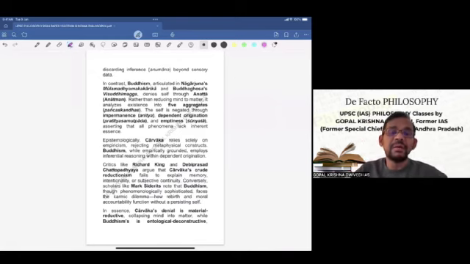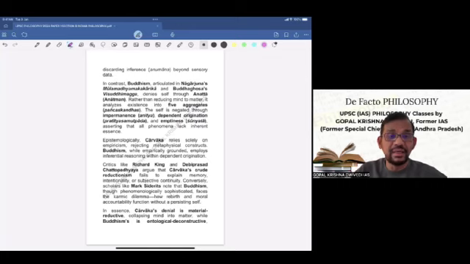Now, let us see what Buddhism believes. In contrast, Buddhism, articulated in Nagarjuna's Mulamadhyamakakarika and Buddhaghosa's Visuddhimagga, denies self through anatta, that is anatmavad, rather than reducing mind to matter. These are their books and these are the Buddhist philosophers.